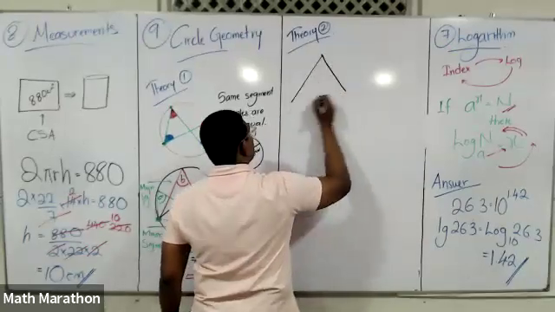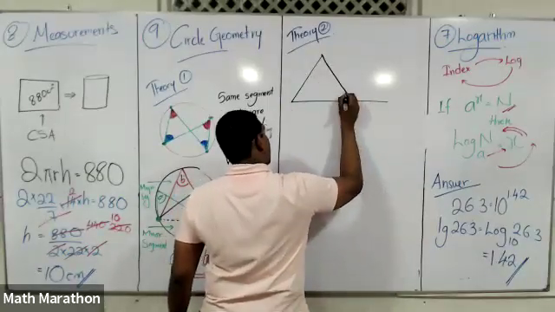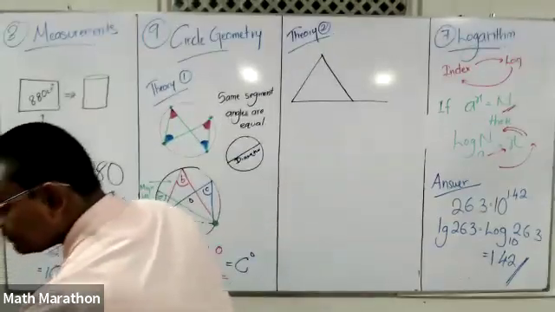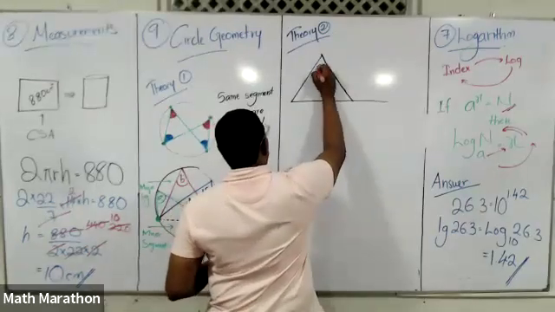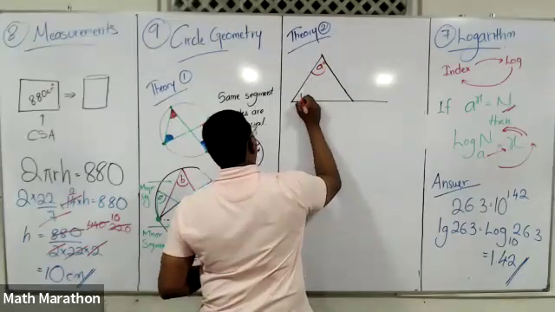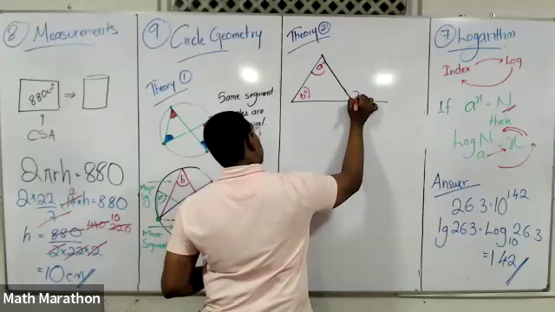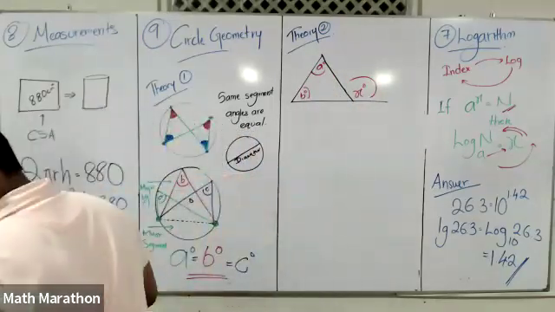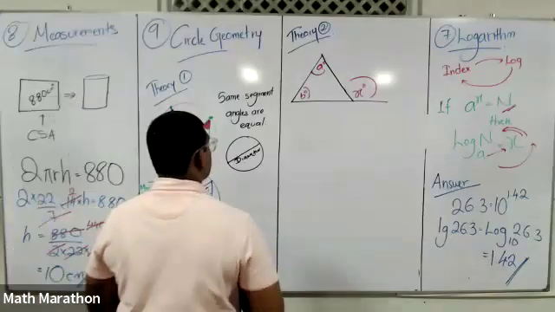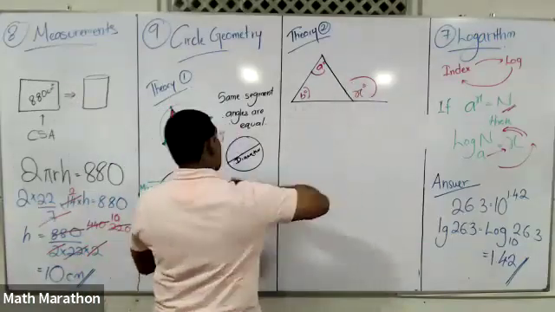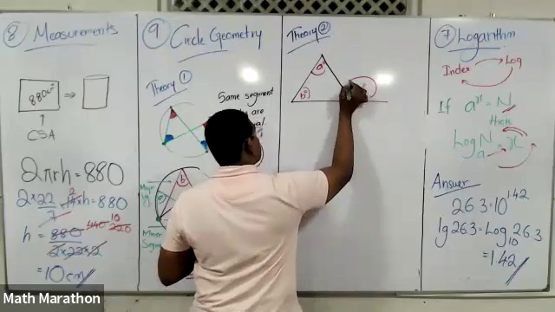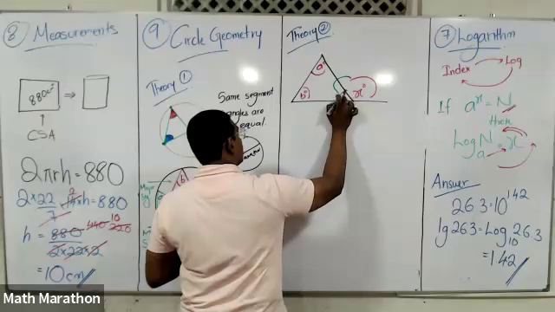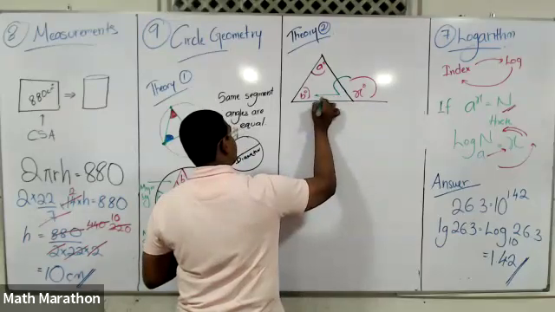We have a triangle with a side extended outside. Let it be A, B, and this be X. So what we can say about X is: the exterior angle is equal to the sum of the interior opposite angles.